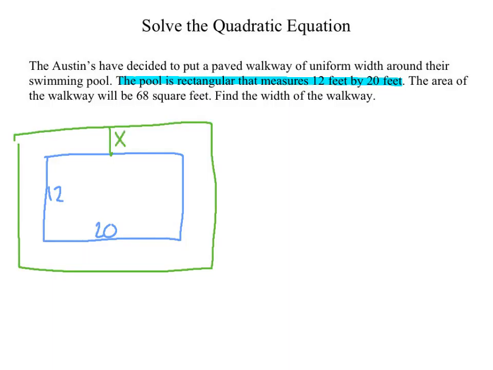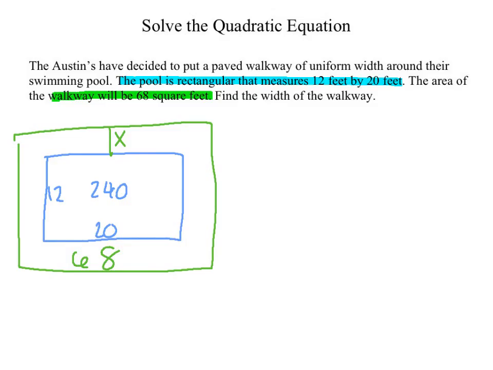So the area inside the pool is going to be 12 times 20, which is 240. So that's the area inside the pool. The area of the walkway is 68. That's what's given to me. So this area is going to be 68.